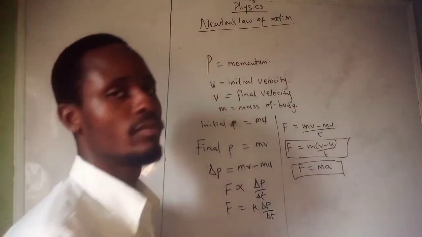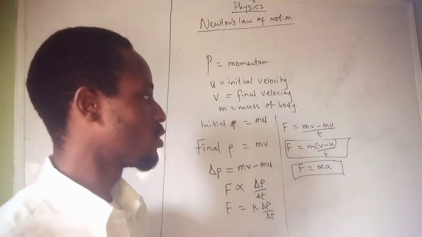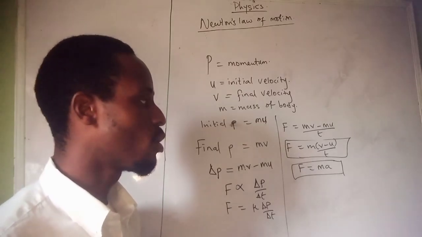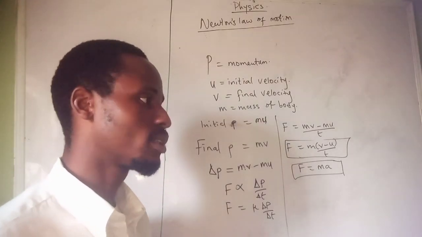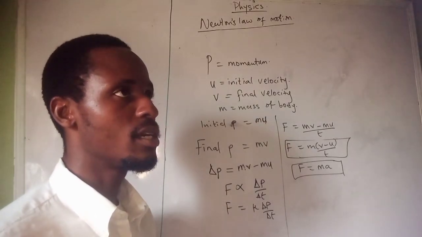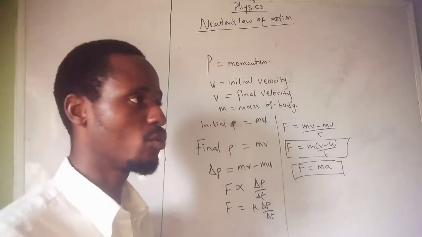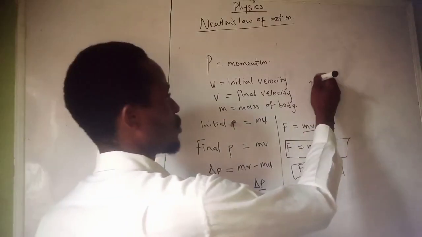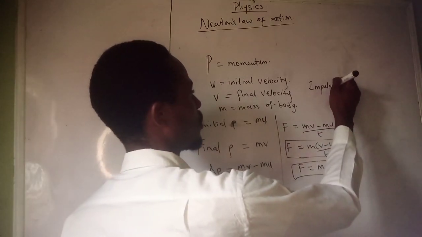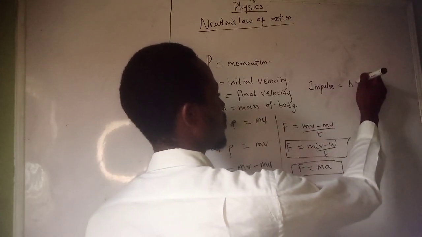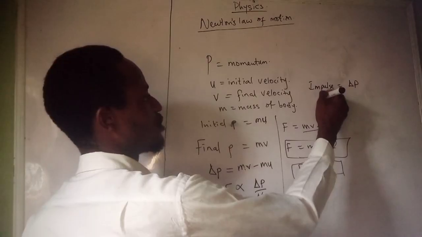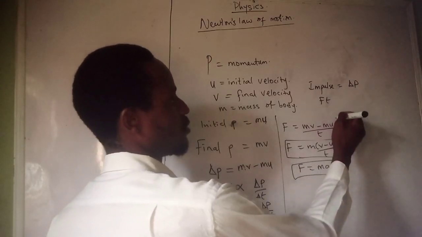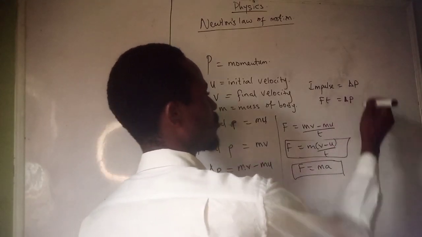You need them. Okay? And then there is something we call impulse. Impulse is force multiplied by time. When you apply a force on a body for a given time, that is impulse. So impulse is change in momentum. Impulse is force times time and is change in momentum.